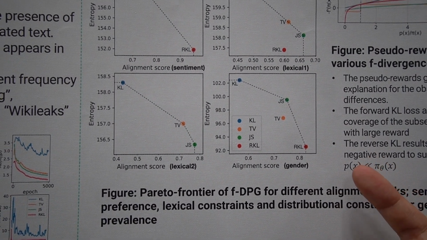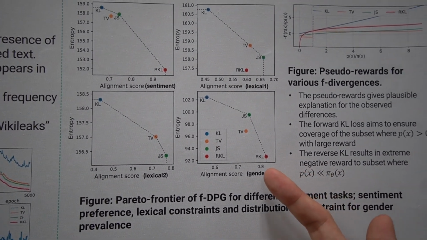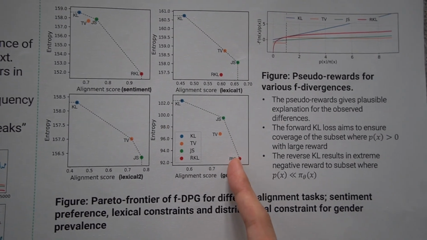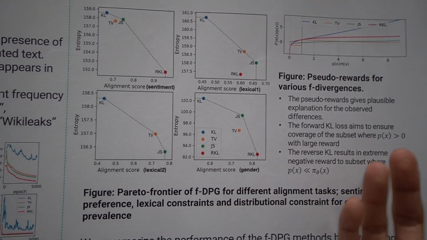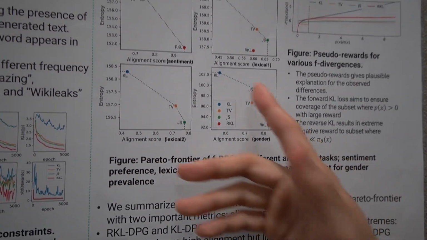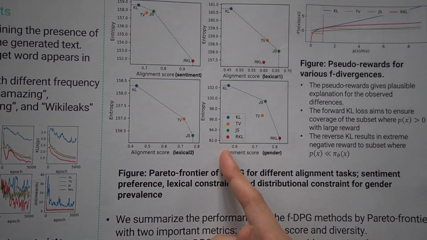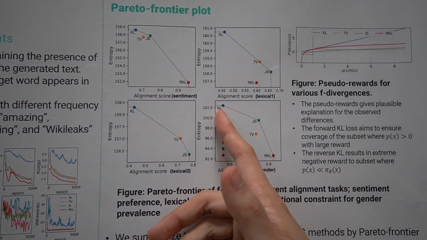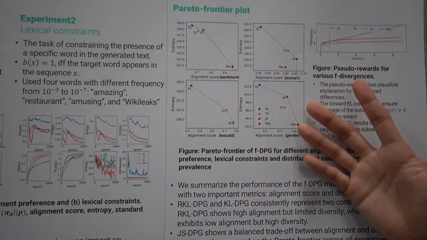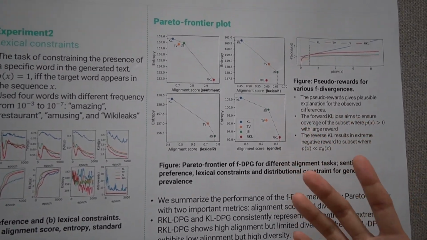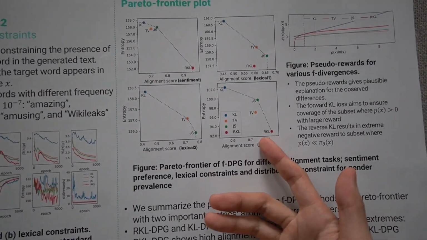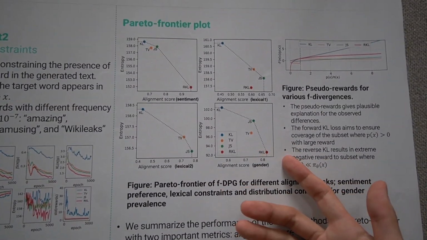Every time they are positioned at the bottom right, so they have quite a high alignment score but a small value of entropy. In contrast, forward KL shows a very low alignment score, which means it fails to maximize the alignment score well, but it is good at preserving diversity, the entropy. So you can take it as a hyperparameter of the objective. If you want to focus on alignment score and can pay the entropy as an alignment tax, then you can go for reverse KL and be happy.